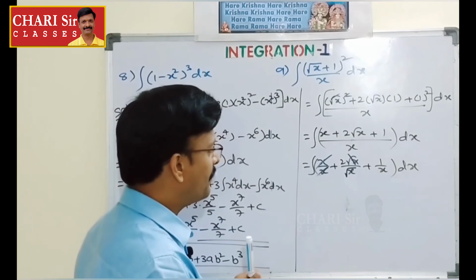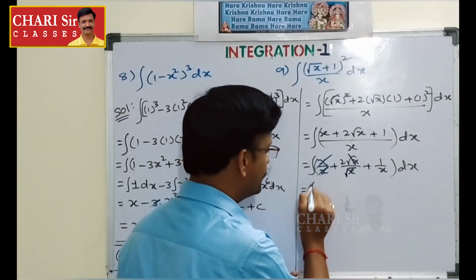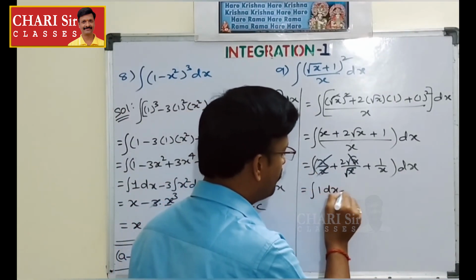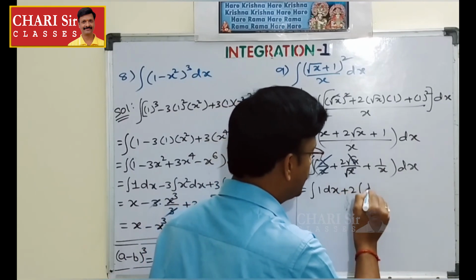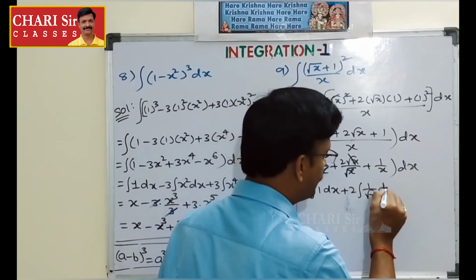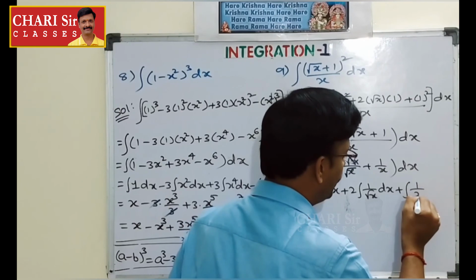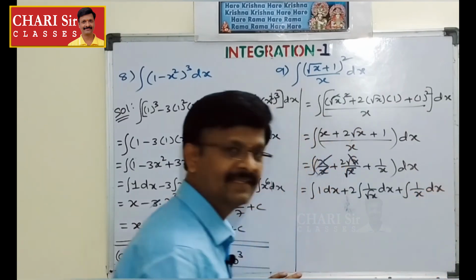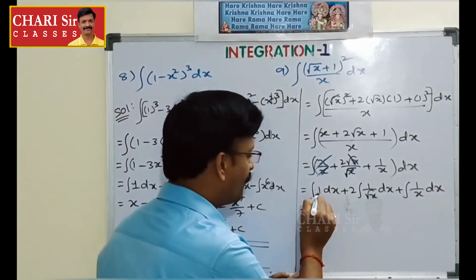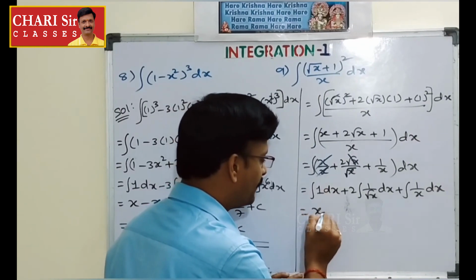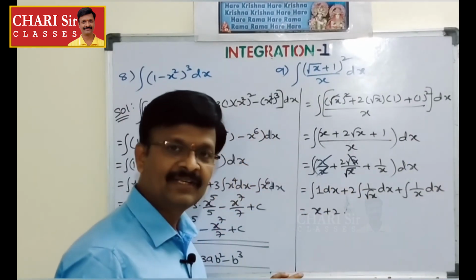Now we can apply the integration for the individual terms. Integration of 1 dx plus 2 into integration of 1 by root x dx plus integration of 1 by x dx, like this. Now integration of 1 dx means x, plus 2 into integration of 1 by root x.